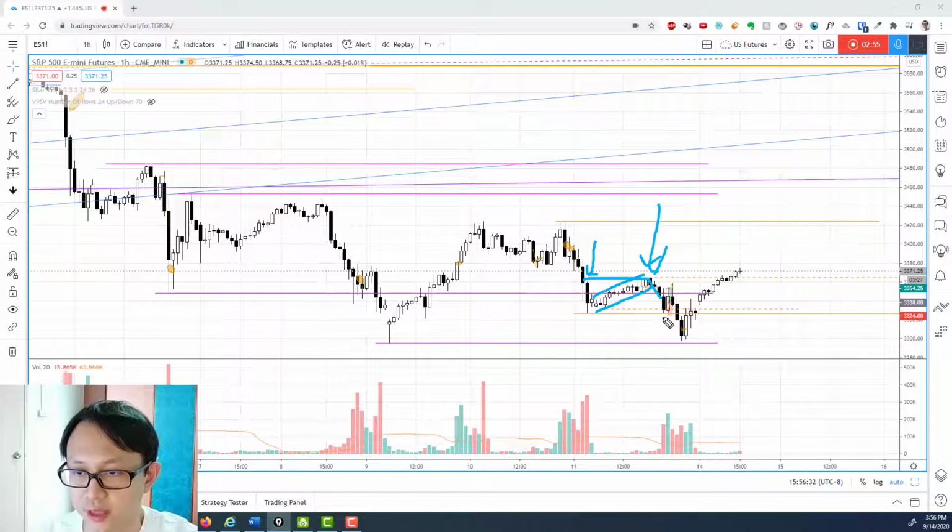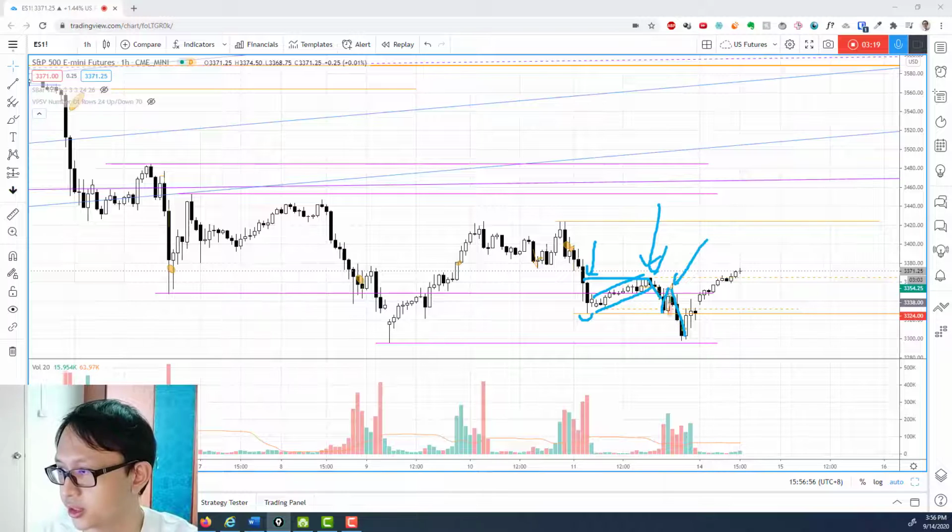During the US opening session, we saw that it bounced up, supported at the previous day low, but we couldn't have any kind of follow through to the upside. In fact, we had another rejection here, followed by a relatively sharper reaction. But look at the reaction down.